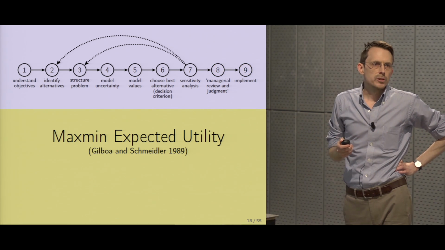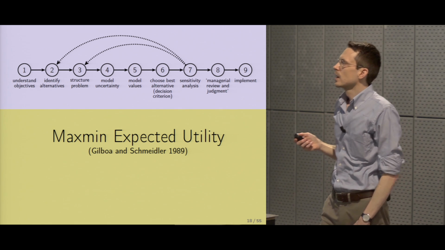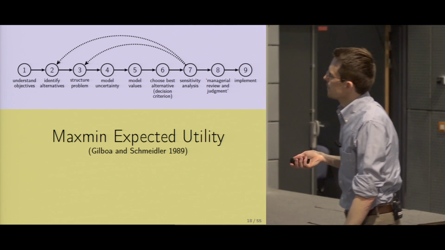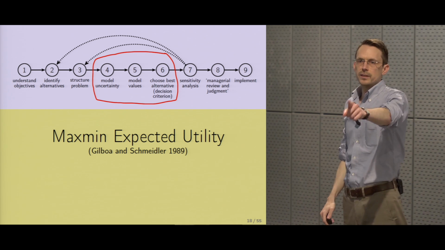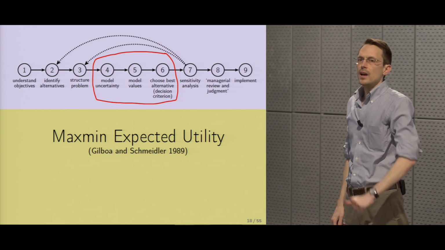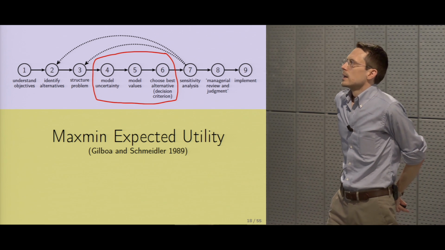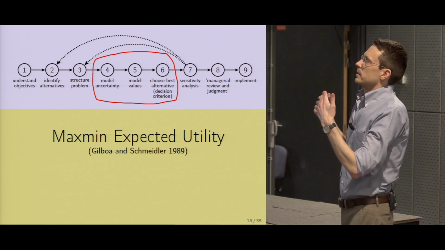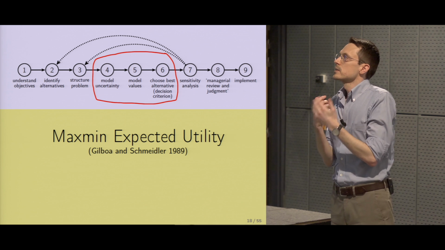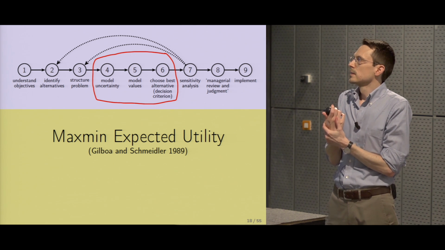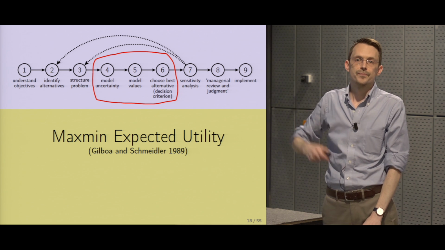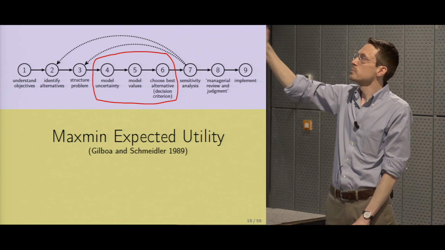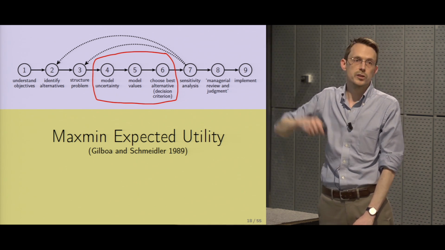Okay, so we've gotten to the first method. Maximum expected utility. And now I'm getting to Chuck's question. As I see it, all decision models in that first category only address these nodes: model uncertainty, model values, apply a decision criterion.